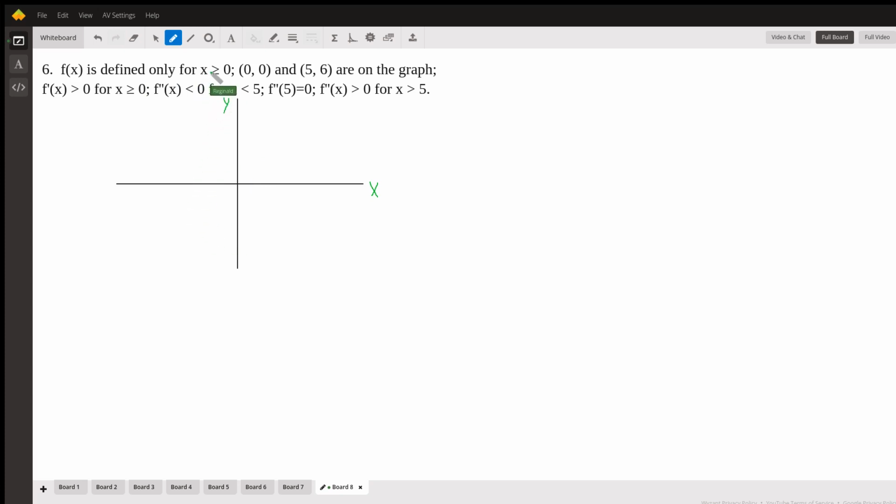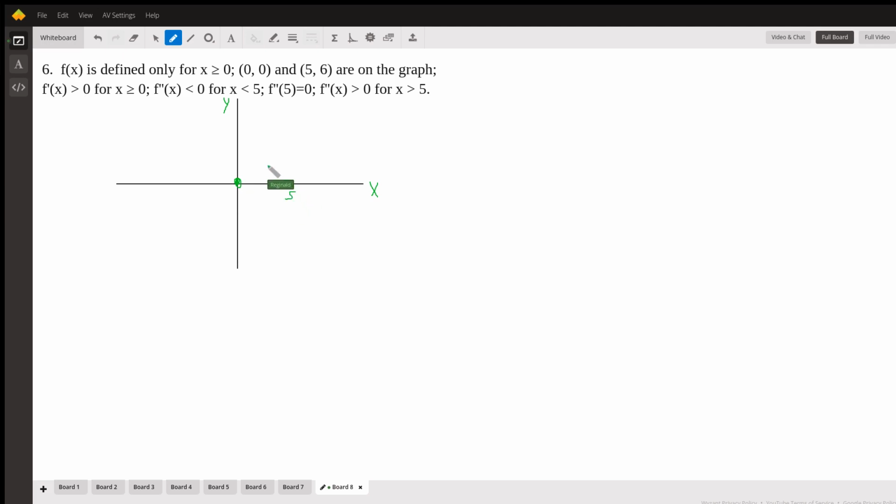Because it's only defined when x is 0 or positive. But they did give us the origin, so I'm going to put a point here.